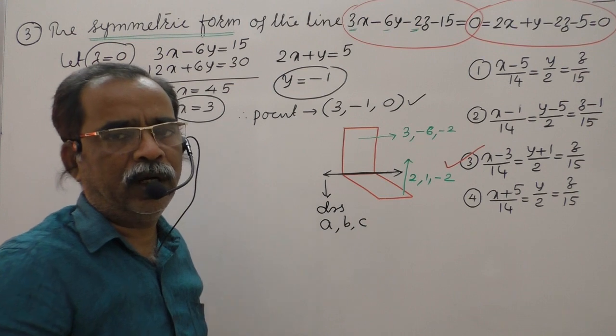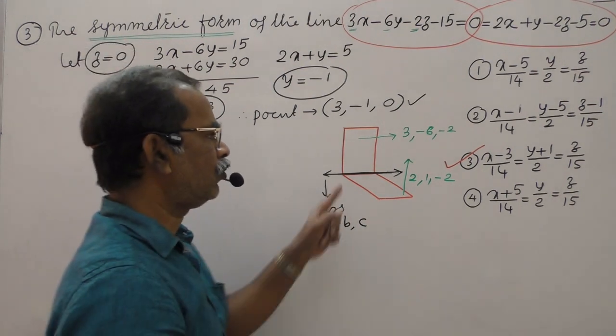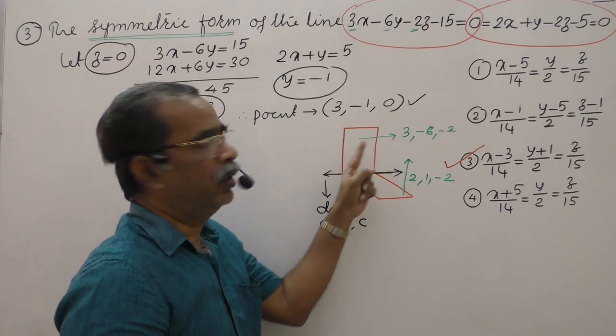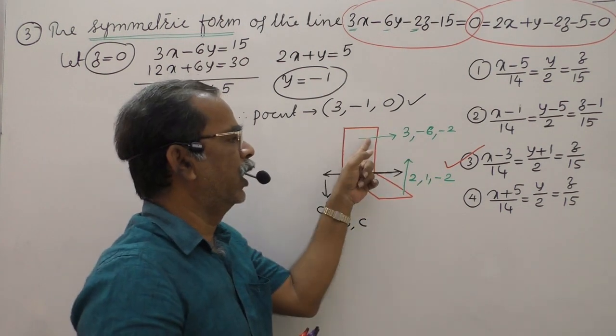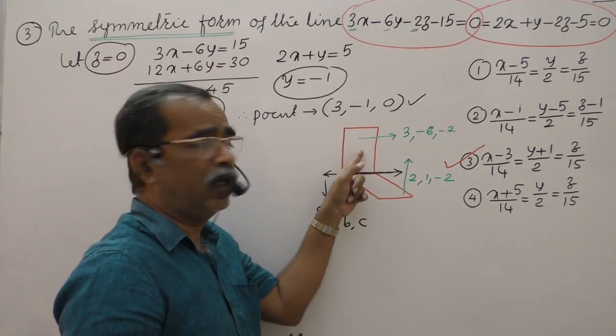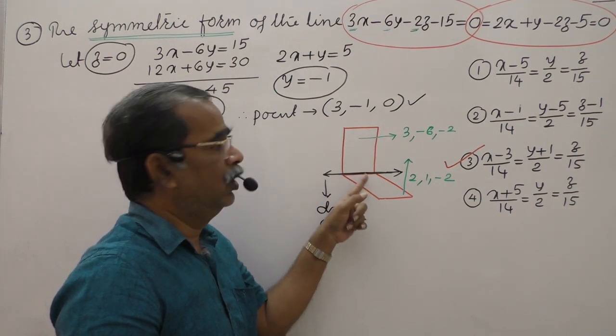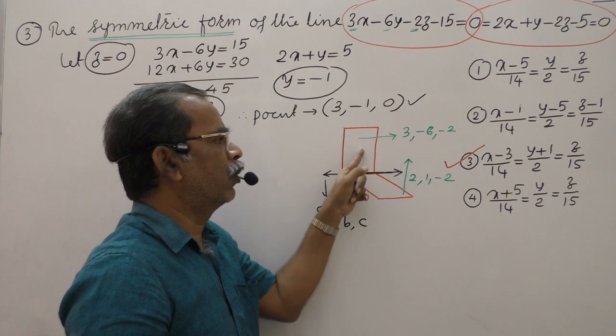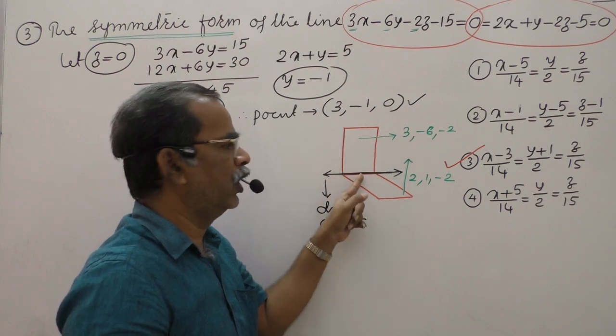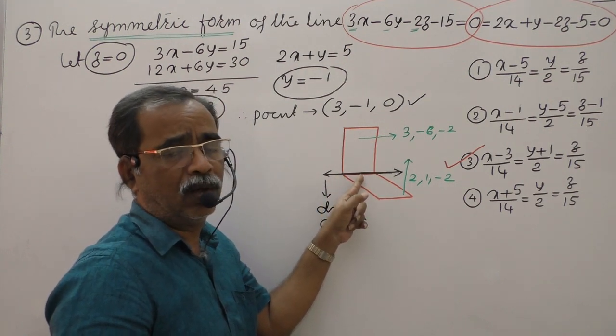Listen carefully, it is a 3D figure. What is this line? It is a normal to the plane. It will be perpendicular to the plane. This line lies on this plane, it belongs to both. Since the normal line is perpendicular to the plane, therefore it is also perpendicular to the line.